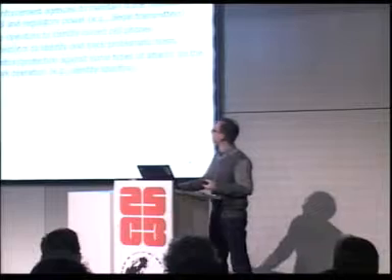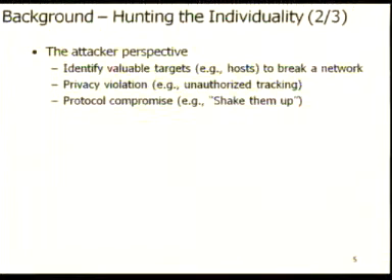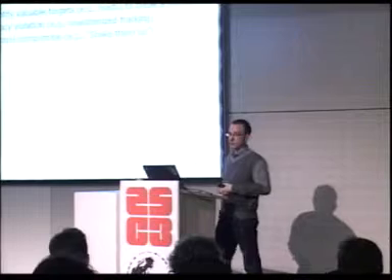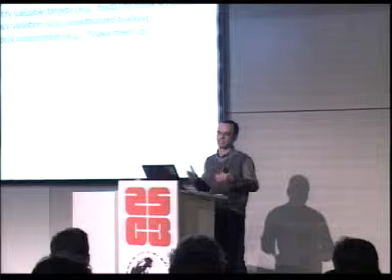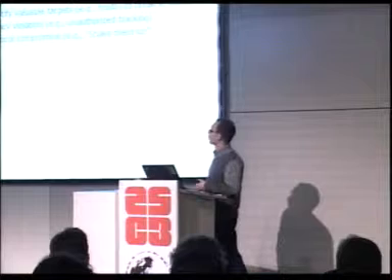What is the next perspective? It's the attacker's perspective, of course. Thanks to this kind of fingerprinting and building signatures, an attacker can identify valuable targets, hosts on the network, and this is commonly used now in networks, as you all know very well. It can also be used for privacy violation. If you're able to build these signatures, you can track people just by observing the traffic, and we don't need any identifiers to read from the traffic. We can also use it for protocol compromise.